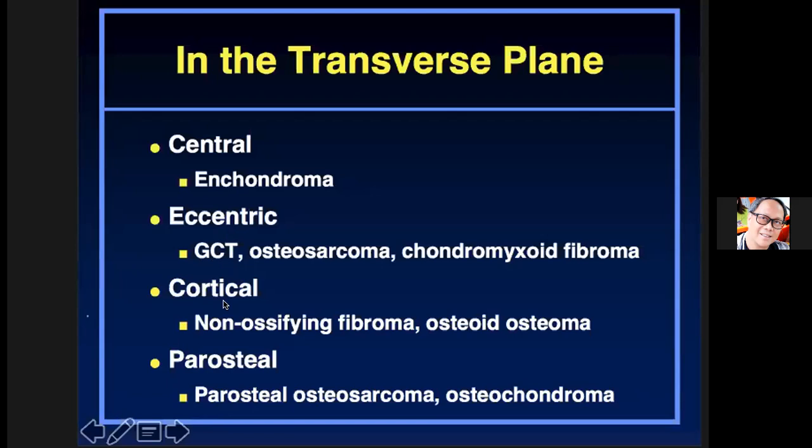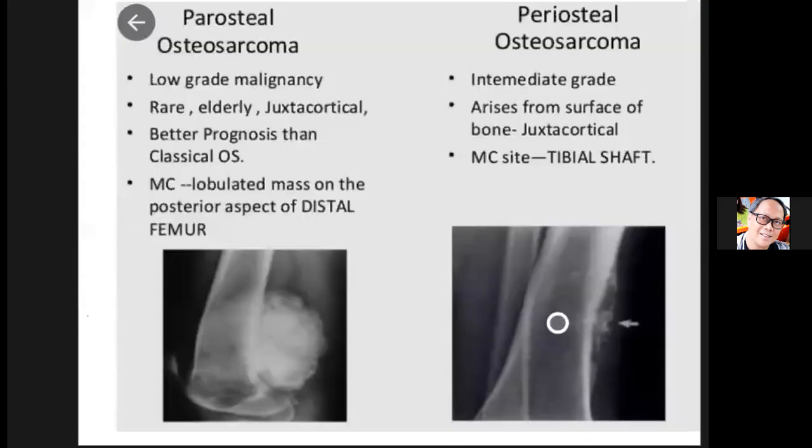No, okay. So parosteal osteosarcoma and cortical osteosarcoma are two different entities. And of course, they are differentiated by their origin. No? For example, parosteal osteosarcoma cases tend to have low grade malignancy, while periosteal osteosarcoma are more of an intermediate grade. So this therefore has poorer prognosis. Usually, parosteal osteosarcoma is rare, and of course, with better prognosis than classical osteosarcoma or even periosteal.